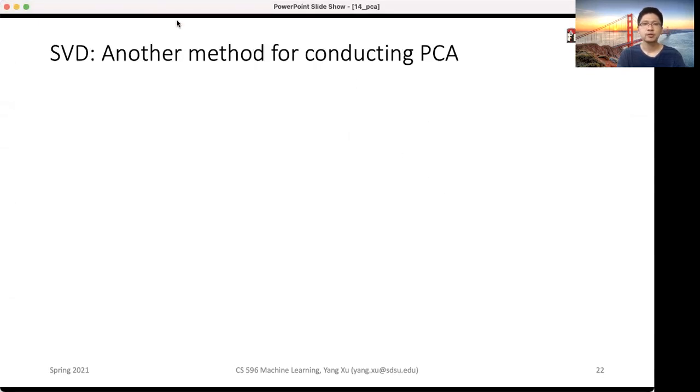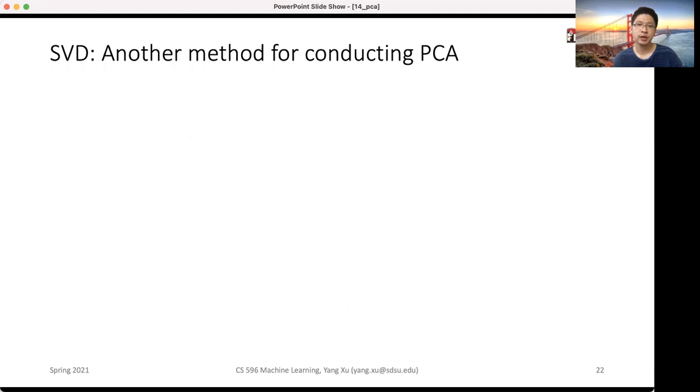All right. So we have just introduced, in a Python page, the code available for directly calling the eigen function to compute the eigenvalues.